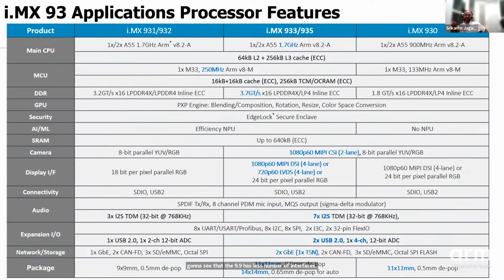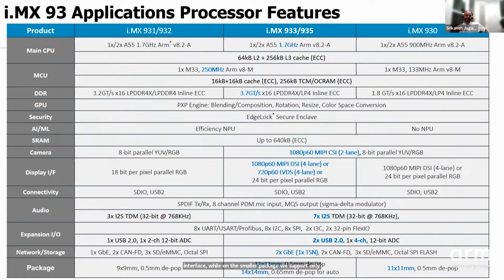So on the 11 by 11 and 14 by 14 for the camera, we have a MIPI CSI, which is a critical interface to achieve vision or solutions related to cameras. So we have MIPI CSI 2-lane supported on the bigger packages and a parallel camera interface. While on the smaller package, we support only the parallel camera interface.